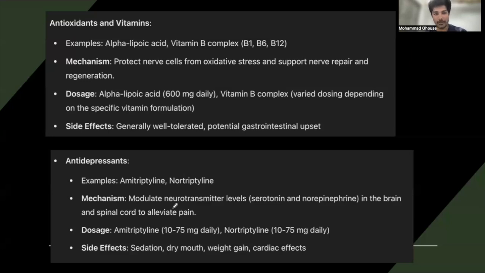The dosage can be 10 to 75 milligrams daily. Side effects include sedation, daytime sleepiness, dry mouth, and weight gain. So these have to be given with caution, and they are usually taken during the night and not during the day.